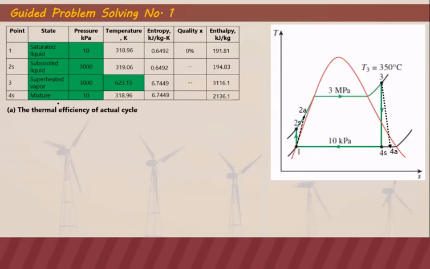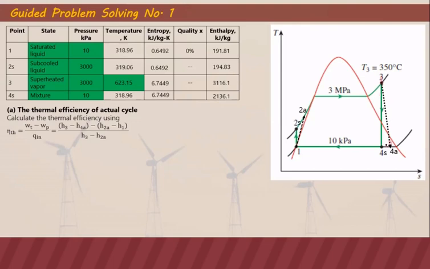The first unknown is the thermal efficiency of the actual cycle. Take note that the actual cycle is represented by 3, 4A, 1, and 2A. This is the deviation from the ideal cycle. The thermal efficiency can be computed using the formula work of the turbine minus work of the pump over Q in. The work of the turbine is the change of enthalpy across the turbine, and since we are considering the actual cycle, that is H3 minus H4A.